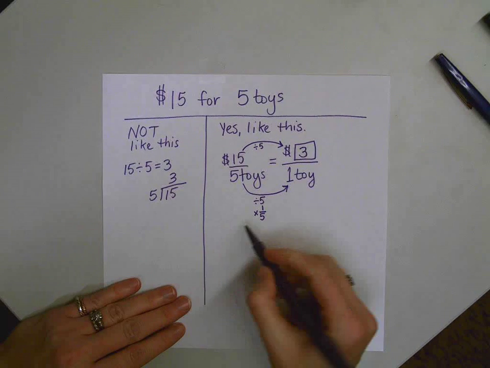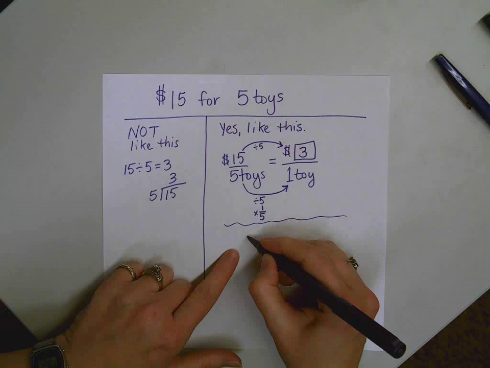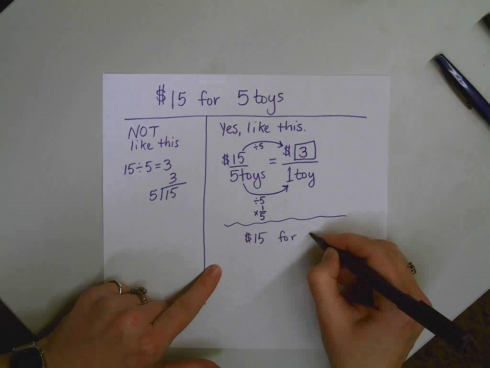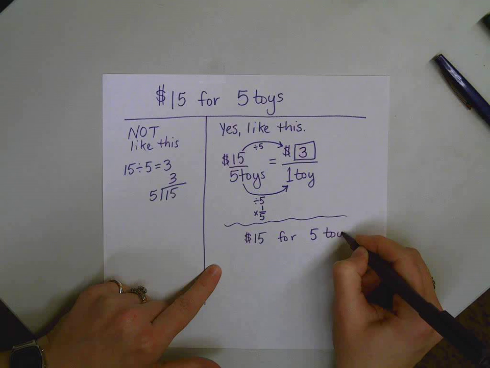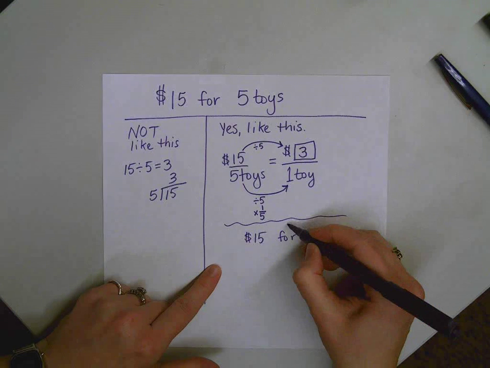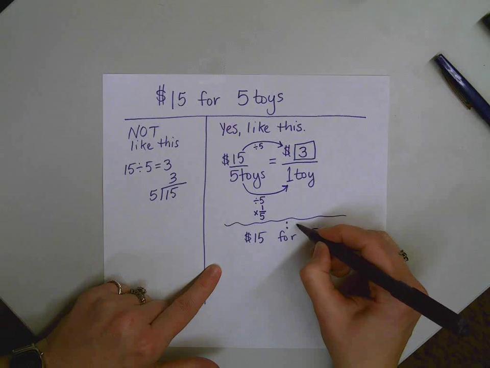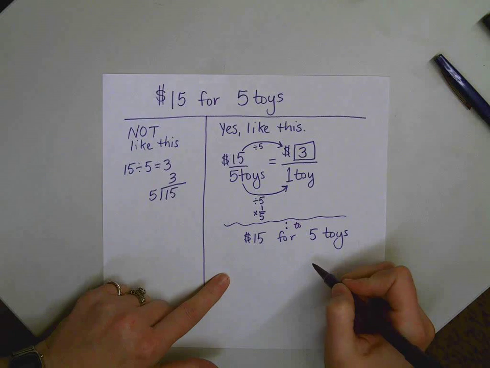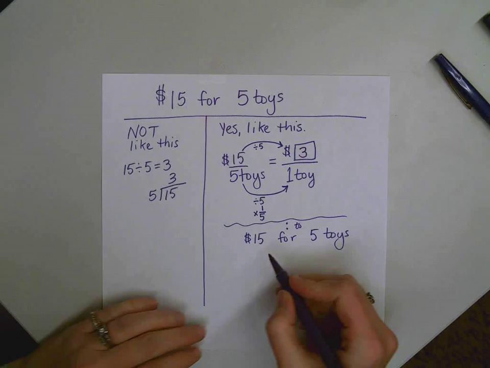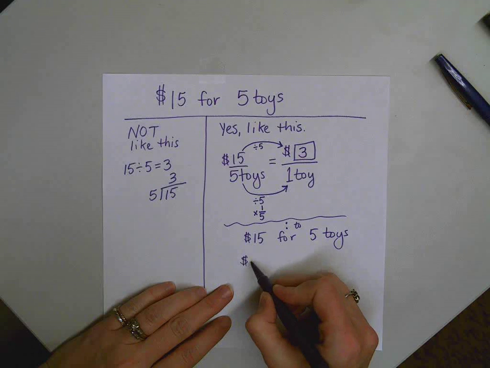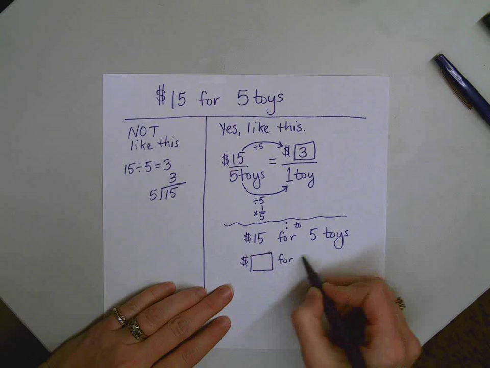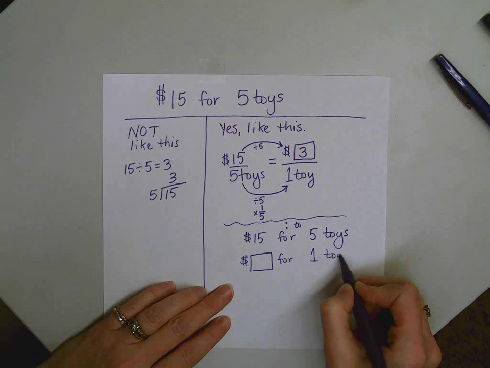One other way that they can show this problem is to write it the way that it was given initially. And as a ratio, this could have a set of colons, or it could have the word 'to' in there. 'For' works also. So again, the question would be, how much does it cost when we scale it down to 1 toy?